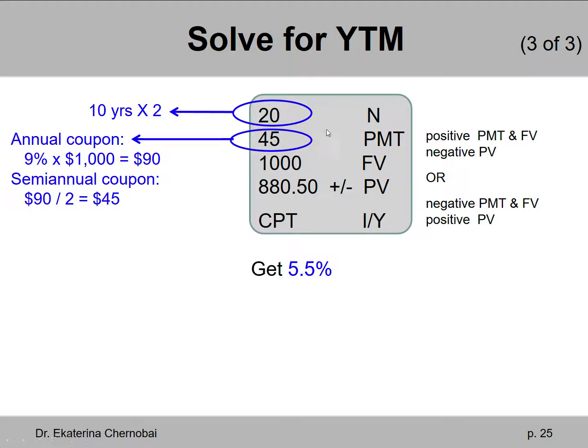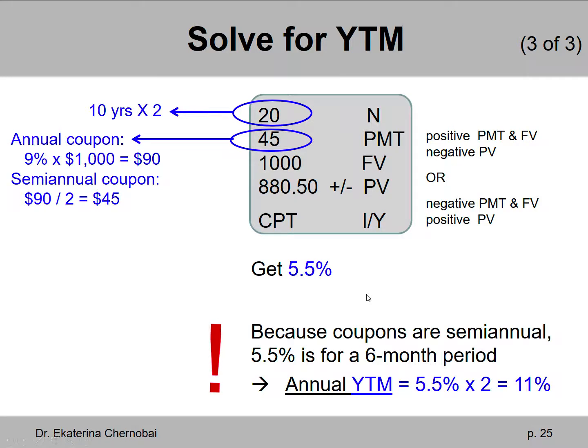And what's really meant by yield to maturity is the annual interest rate, the annual yield to maturity. And so the last step that we need to do is multiplying our answer by 2 to convert the answer to its annual equivalent. And so 5.5% per half a year multiplied by 2 gives 11%. This is the right answer.